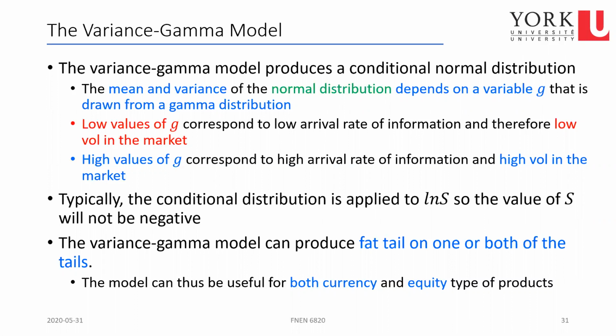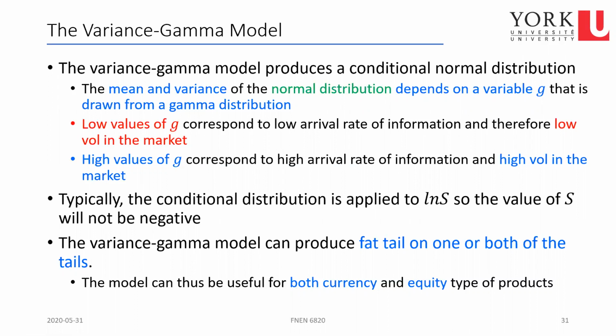Now, if we implement that for a stock market, you will typically get a conditional distribution. This conditional normal distribution will apply to the log S rather than the value of S itself, so that you would not have negative stock prices.